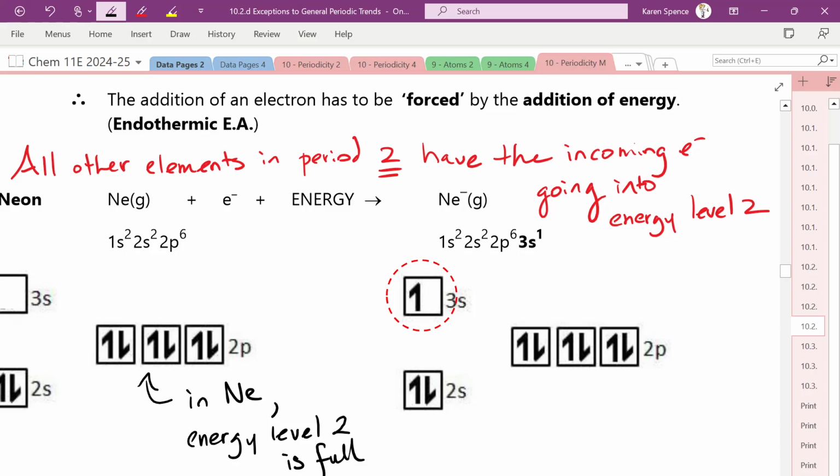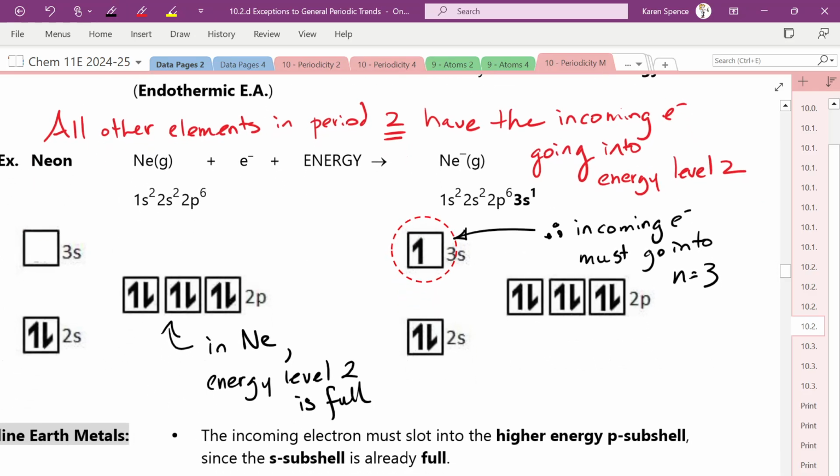Therefore, that incoming electron has to go into energy level 3. And if you get tired of writing energy level, you can just write n equals 3.